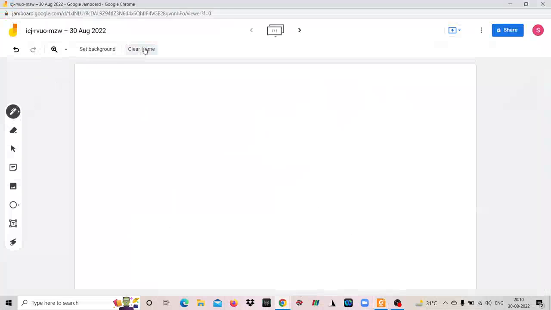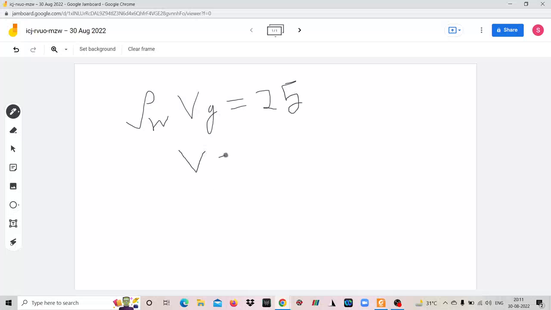So rho V G is W, and the buoyancy force rho W V G is 25, right? So volume will be 25 divided by rho W into G. Fine.